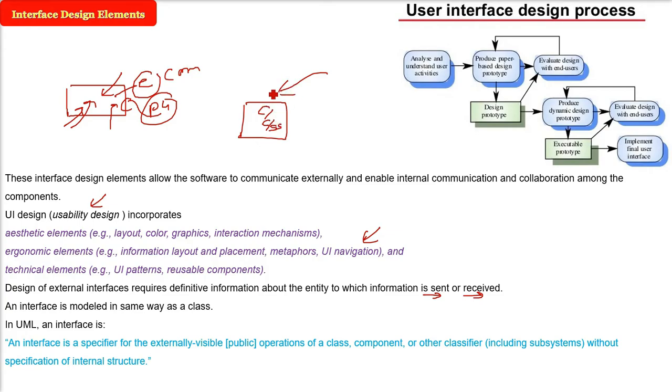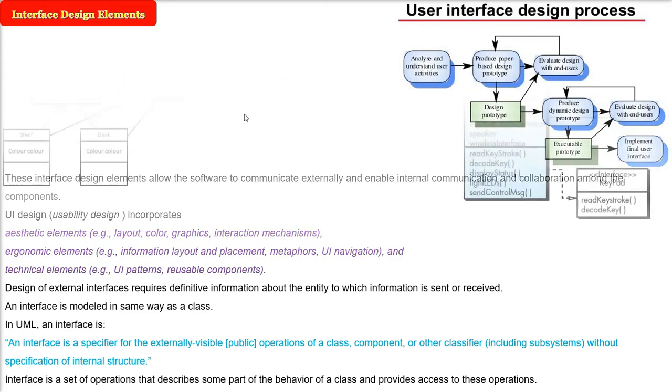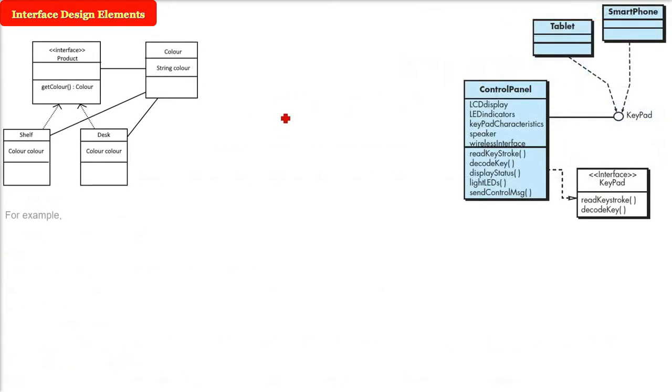Okay. I'll give you a very easy definition of interface. An interface is a set of operations that describe some part of the behavior of a class and provide access to these operations. So if you have a class, here we are discussing the interface. Let me give you an example.